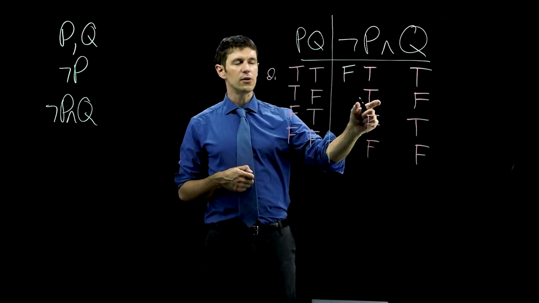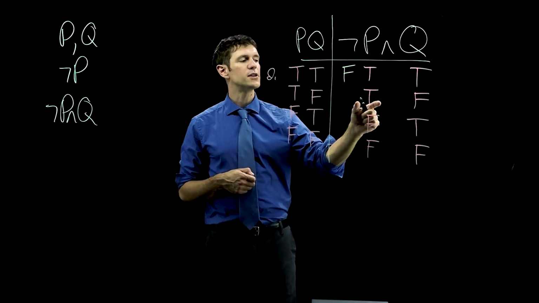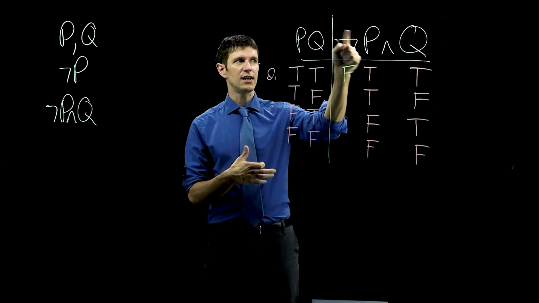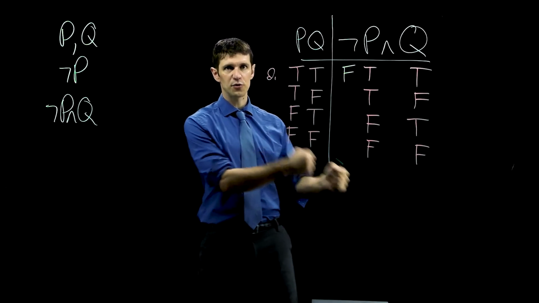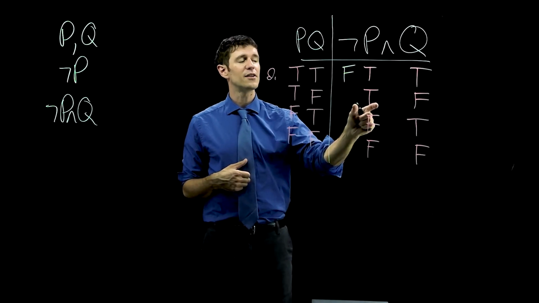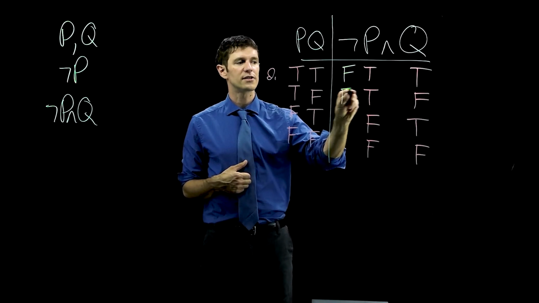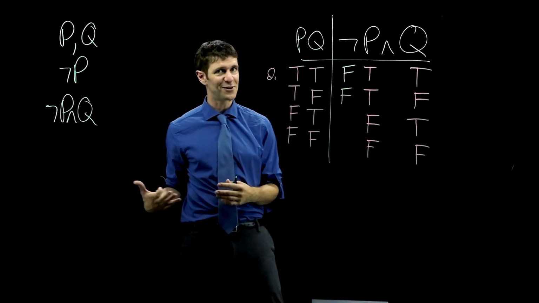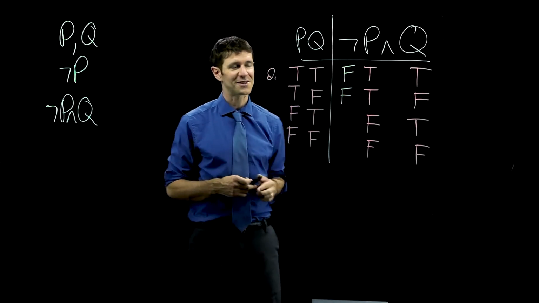When we look at row 2, we're going row by row here. Row 2, it says P is true. And so again, we're giving this negation function a value of true as input, and it's going to spit out a truth value. And the value it's going to spit out is false. If you give me true, I'll give you false. If you give me false, I'm going to give you true. That's how this negation function works.